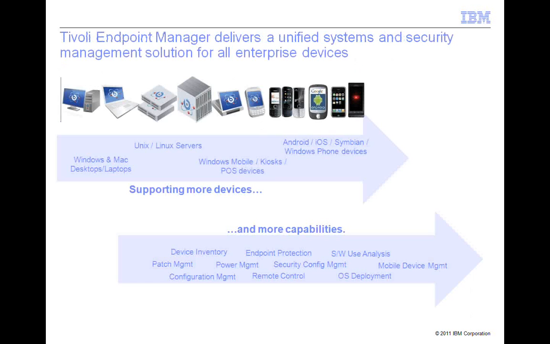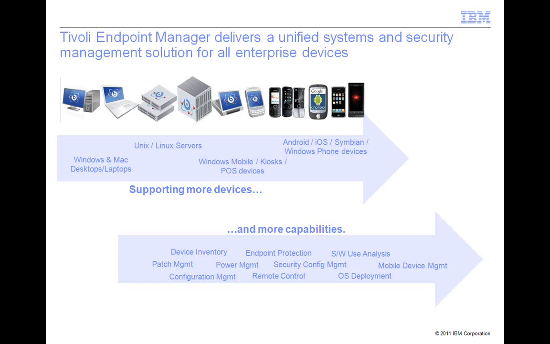Now, bringing it all together, we saw that the Endpoint Manager, the Tivoli Endpoint Manager, can manage the traditional endpoints, which are the desktops and laptops, the servers. It could be Windows, Unix, or Linux servers. It can also manage specialized devices like kiosks or ATMs.